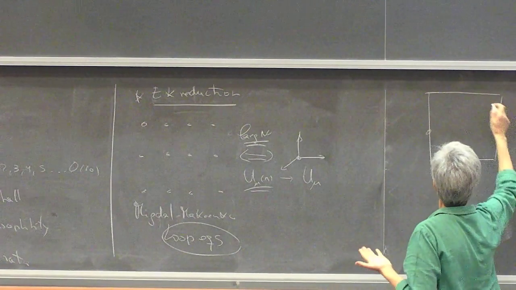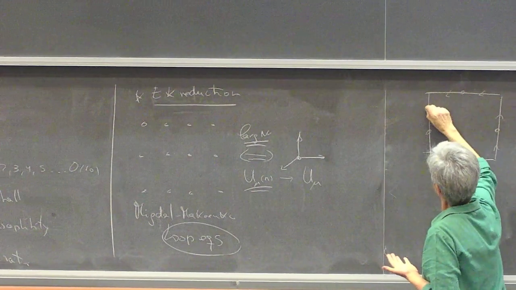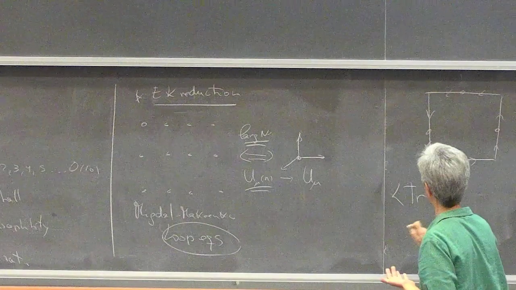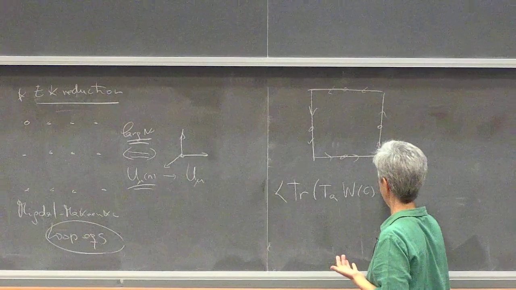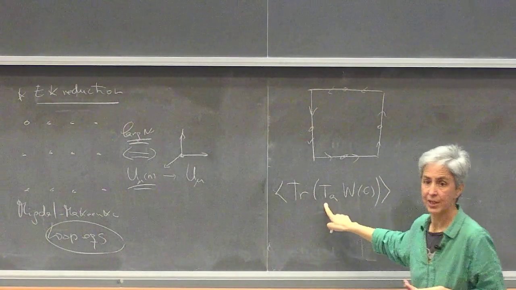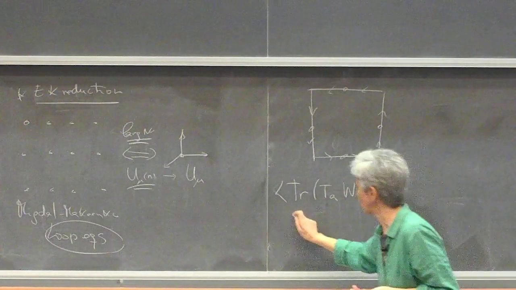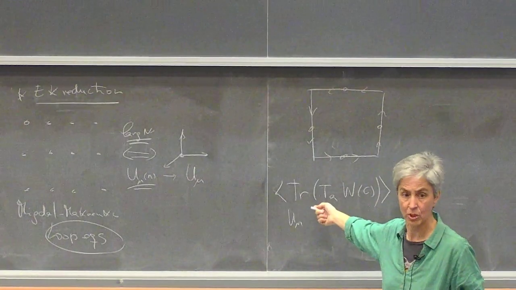Let me consider 2 by 2 to simplify. And I'm going to compute the expectation value of the trace of this Wilson loop with a generator of the Lie algebra inserted here.